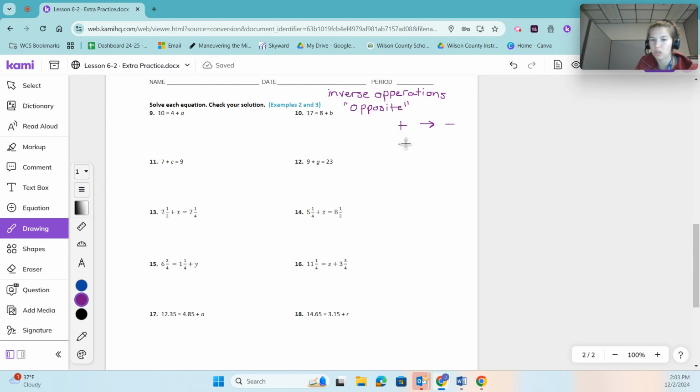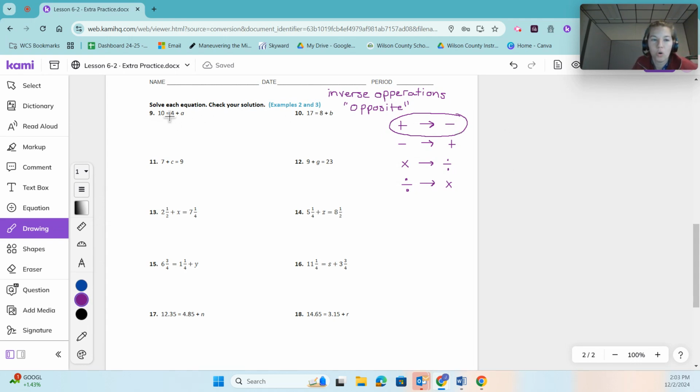The opposite of subtraction would be addition. All right, the opposite of multiplication would be division, which means the opposite of division would be multiplication. Okay, today we are just focusing on addition equations, which means we are going to be using the opposite of addition in order to solve, which would be subtraction.